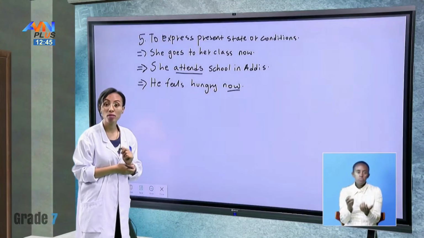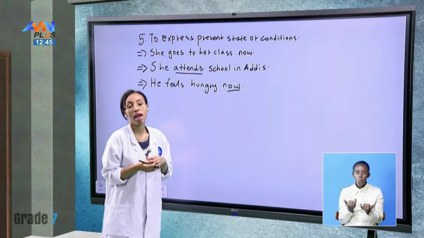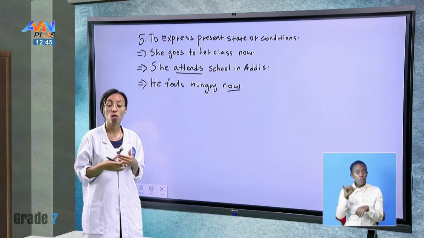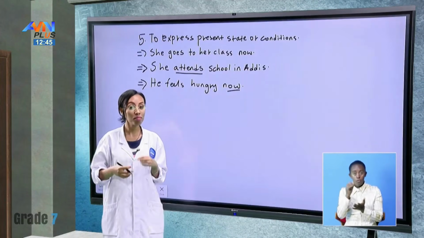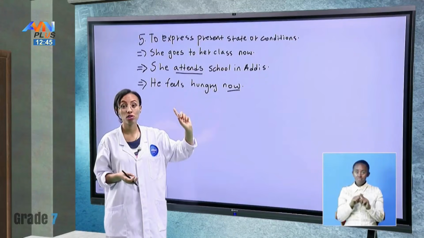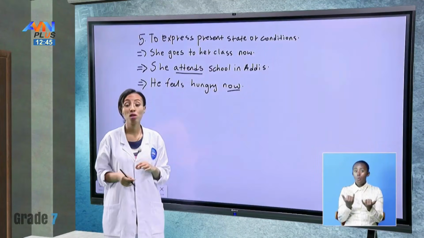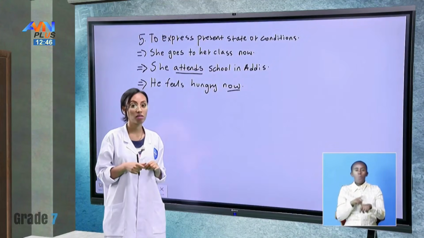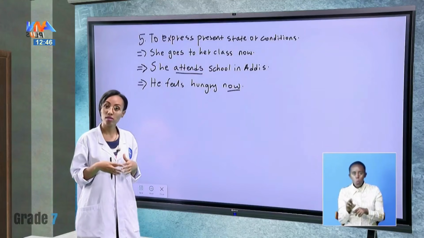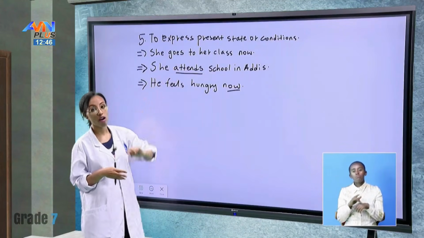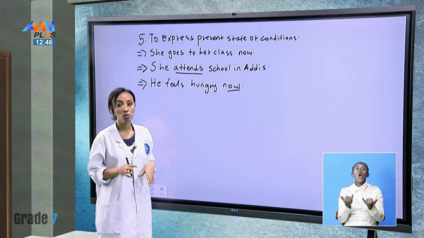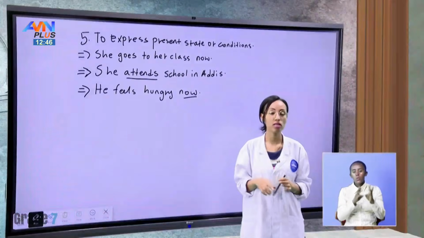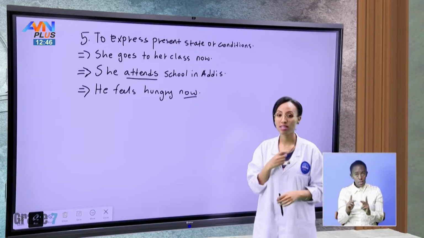If we have common time expressions like every or often, we are talking about things that happen repeatedly. In this case, if we're using the common time expression now, we're talking about situations happening at the present moment, at the moment of speaking. Things are happening now. Okay, so these are the 5 different ways to use the simple present tense.